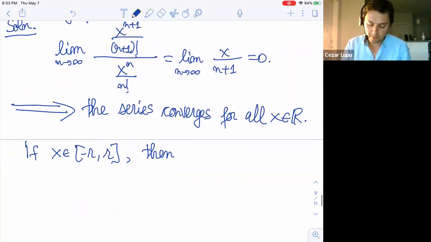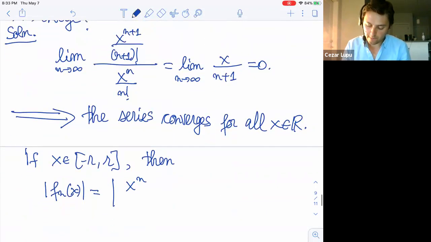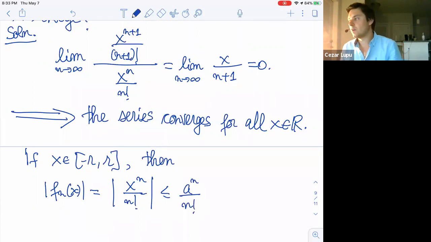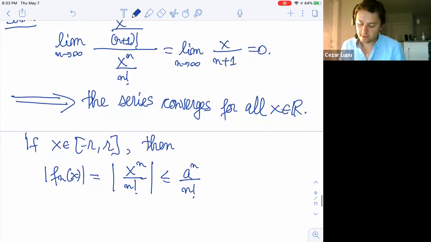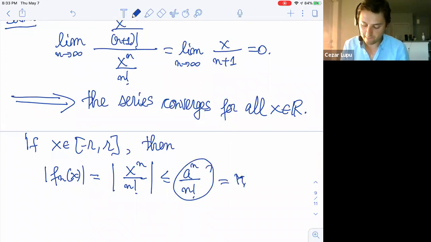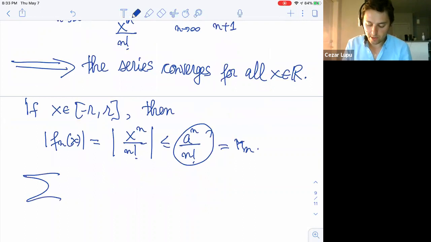Then f_n of x, which is x to the power n over n factorial, will be less than this number, a to the power n over n factorial. This is my sequence M_n. And now what about the series of this?